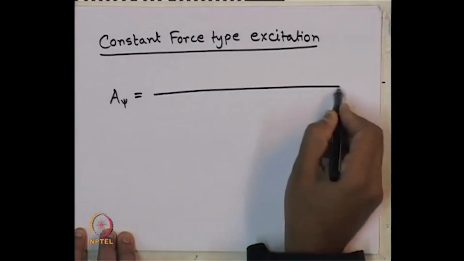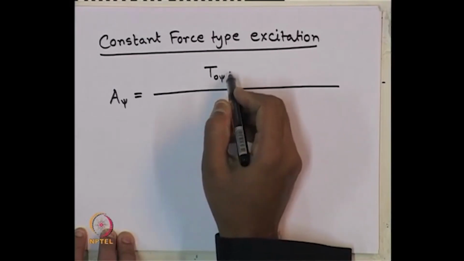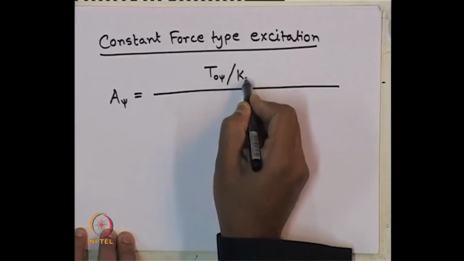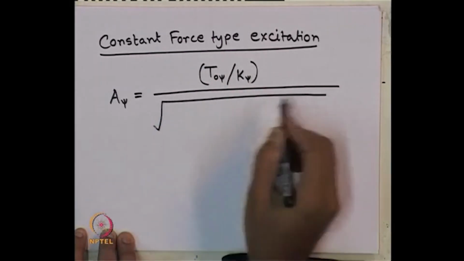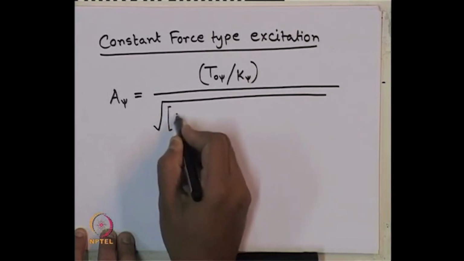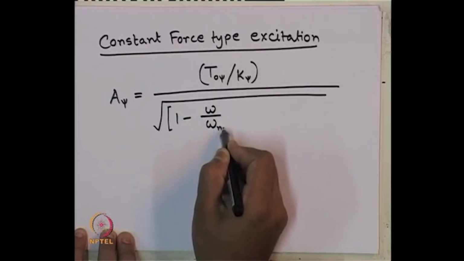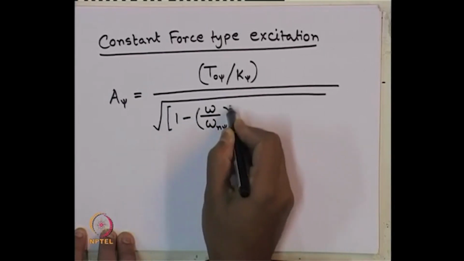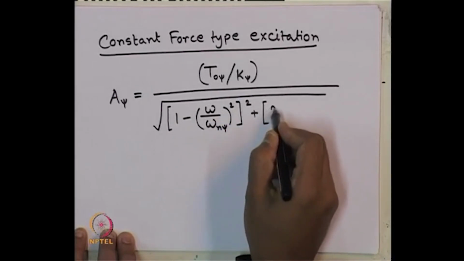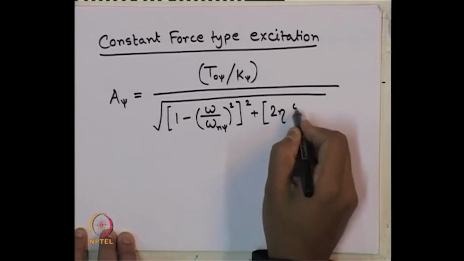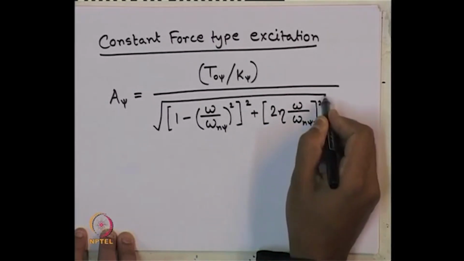It is equal to T naught psi by K psi divided by root over 1 minus omega by omega n psi whole square, that square, plus 2 eta omega by omega n psi whole square.